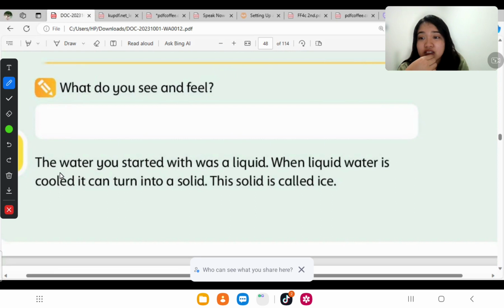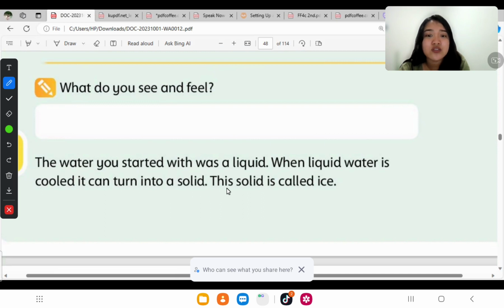So now, the answer. Let's read. The water you started with was a liquid. When liquid water is cooled, it can turn into a solid.